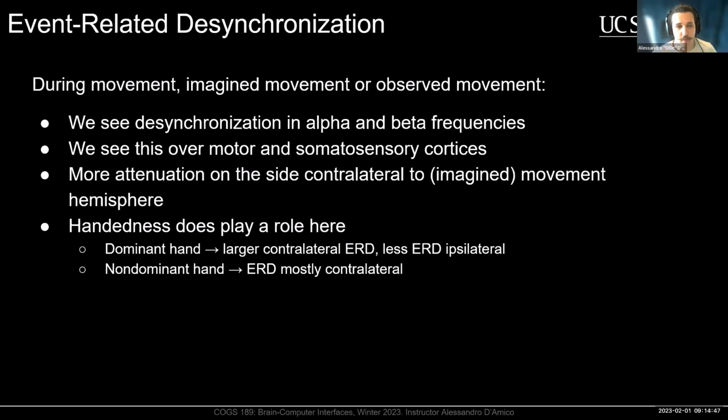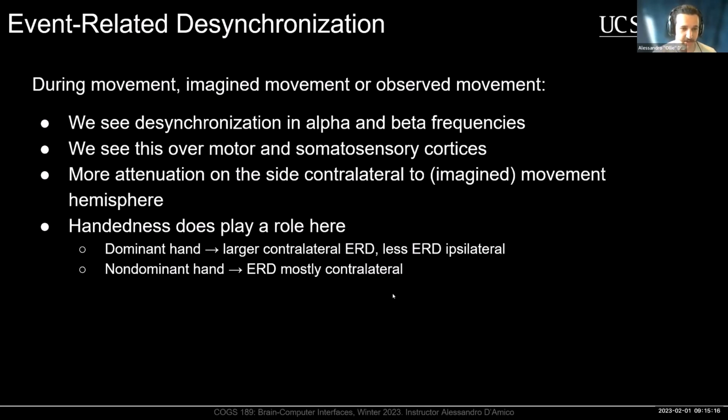So, just reiterating, whenever somebody is actually moving, imagining moving, or seeing somebody else move, we'll see a desynchronization in alpha and beta frequencies. We're going to see this over the motor and somatosensory cortices. And we're typically going to have more attenuation over the contralateral side, which is the opposite side, as opposed to the ipsilateral side, which is the same side.